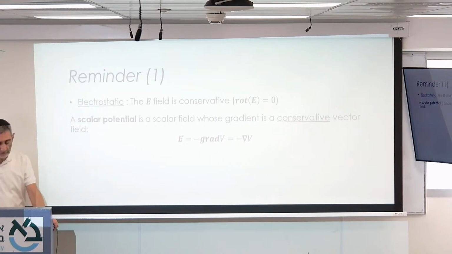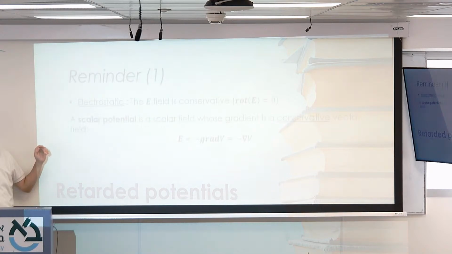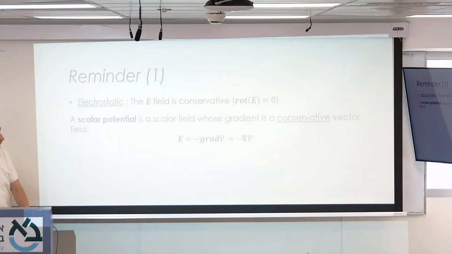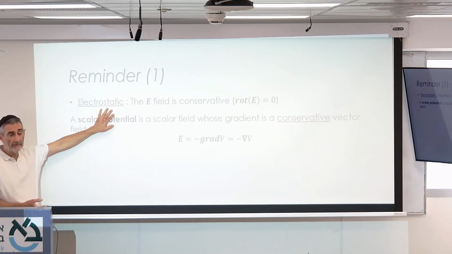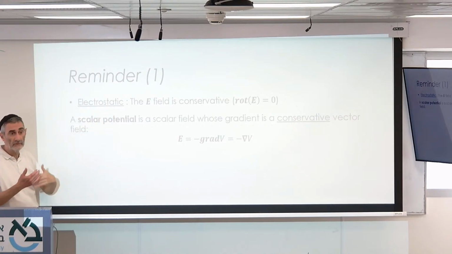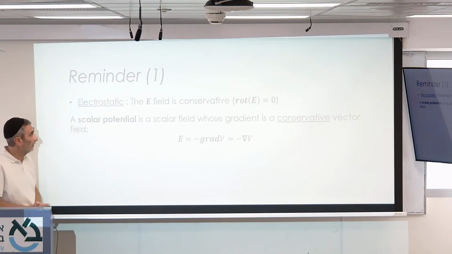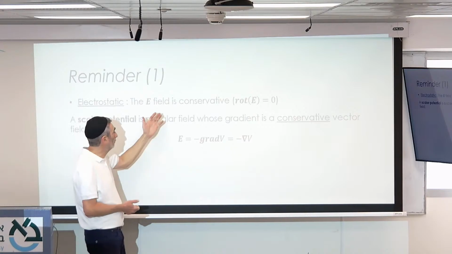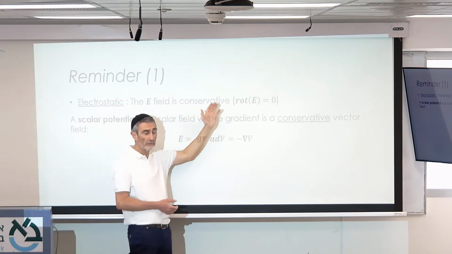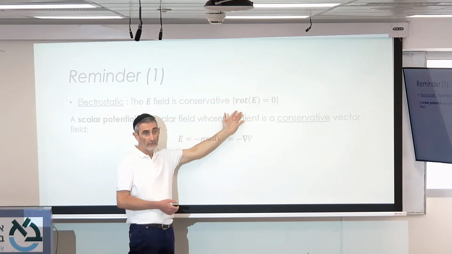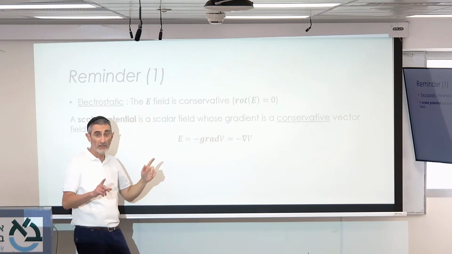I just want to give a quick reminder here, things I'm sure you know. When you consider electrostatic fields, meaning fields without time variation, you know that the field is conservative, its rotational is 0. If you are not familiar with some notation, you tell me.